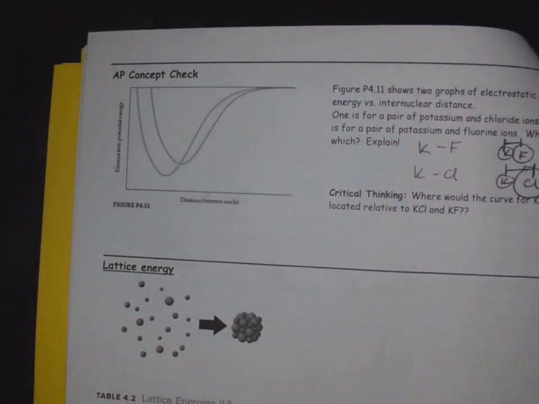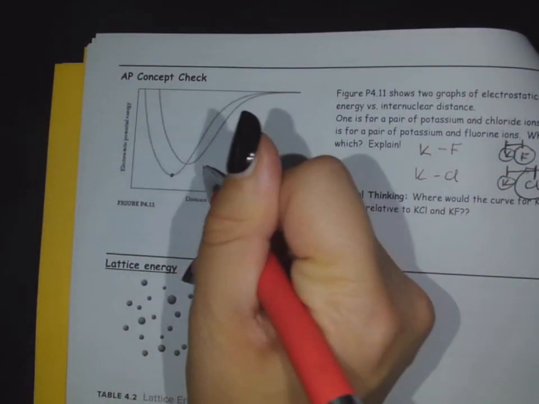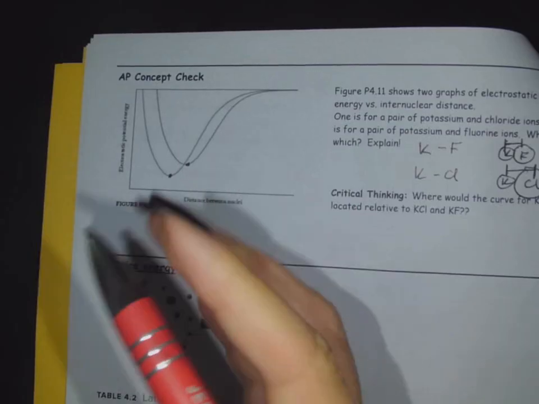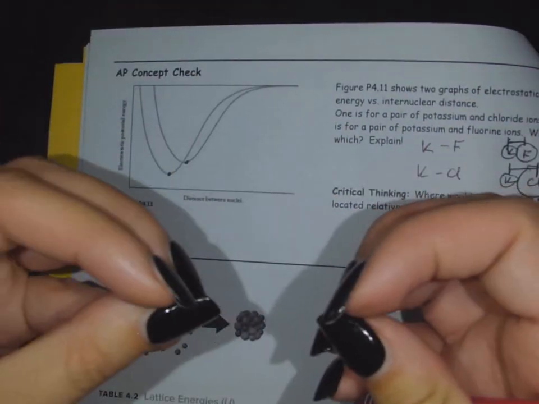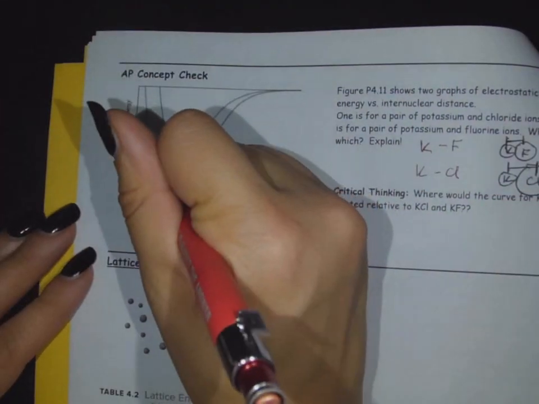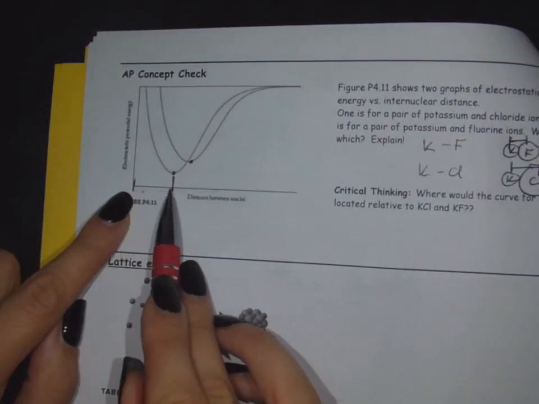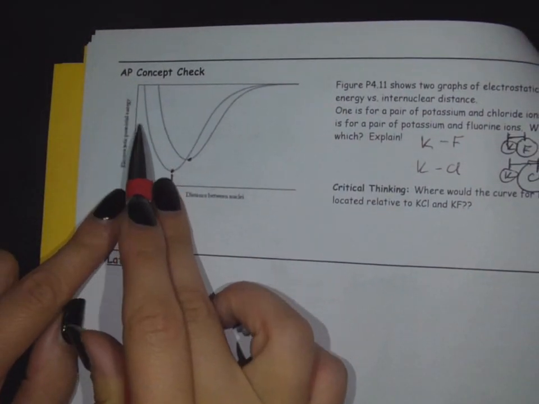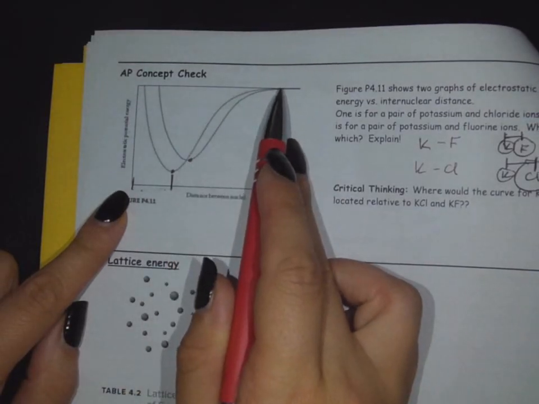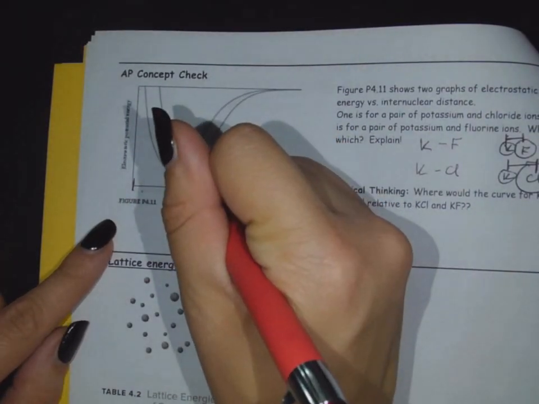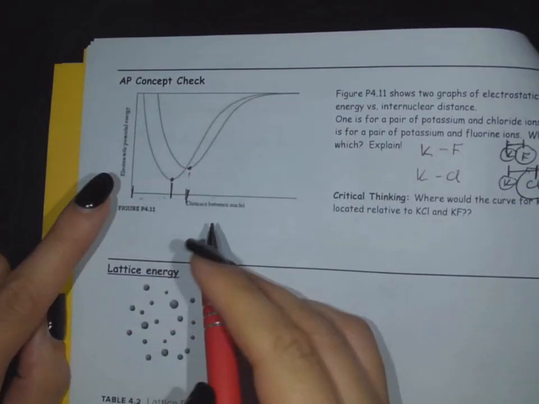and we're going to have a longer bond length for the potassium and the chlorine. So where it dips down, that represents where it's perfectly where it wants to be, and the distance represents the bond length. So this is the bond length of this lower line here, and this is the bond length from here to here.